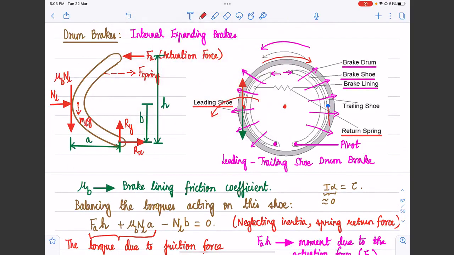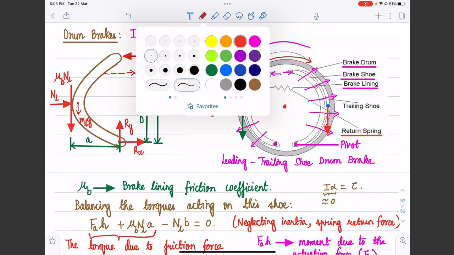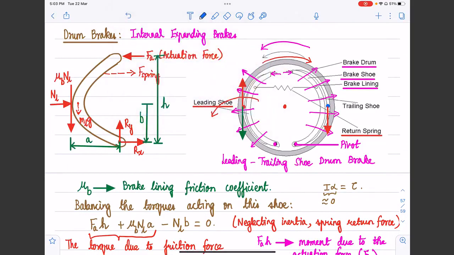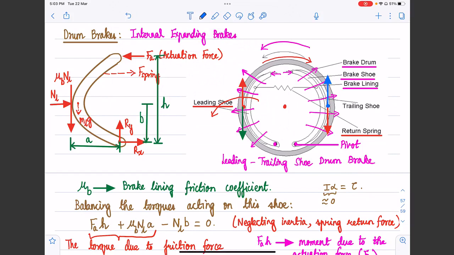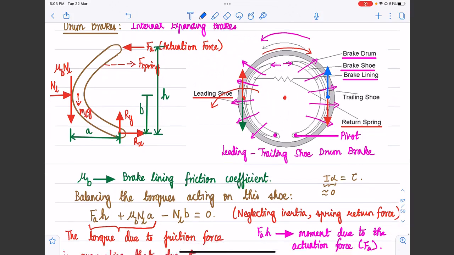So that means that the brake force on the brake drum at this point should be acting in the downward direction. So consequently, from Newton's third law of motion, the friction force on the trailing shoe would be acting in the upward direction. Okay, so that's what will happen.